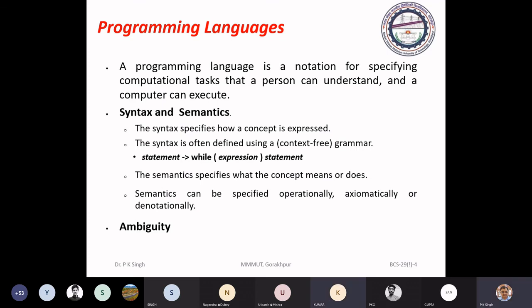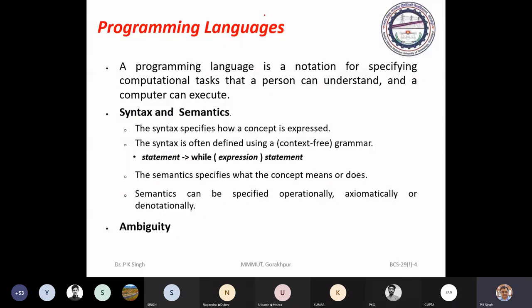Okay. Now see, if White House is a name, then he must be the president of the US. But if white is a color, then he may be any ordinary man.